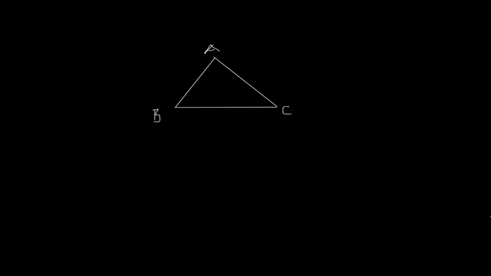As a grade 12, you need to know that the sum of the angles in a triangle is always 180. So angle A plus angle B plus angle C should give you 180 degrees.